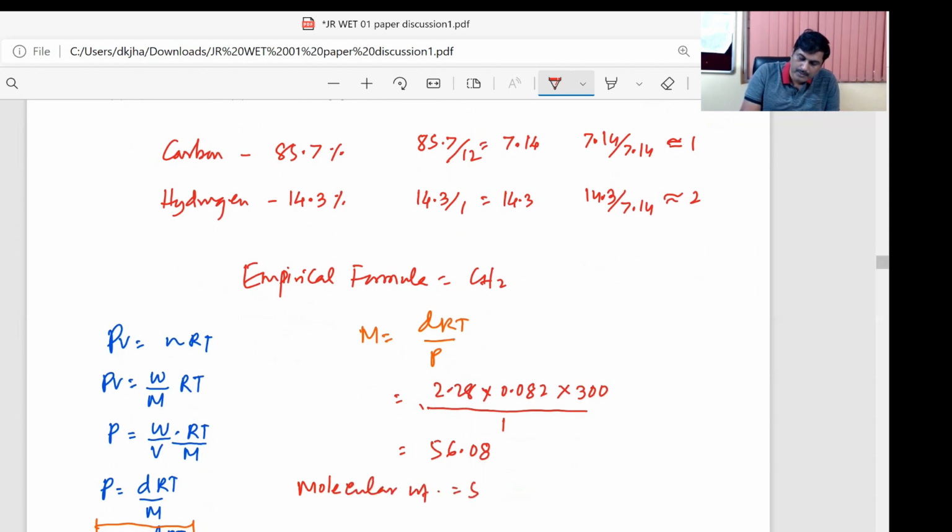Molecular weight is equal to 56. Empirical formula weight: 12 plus 2 is 14.